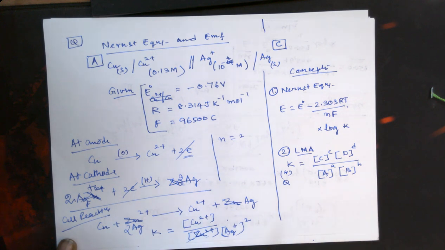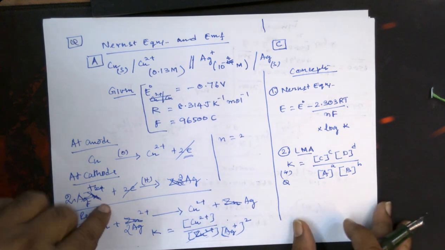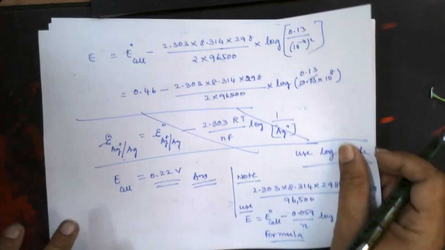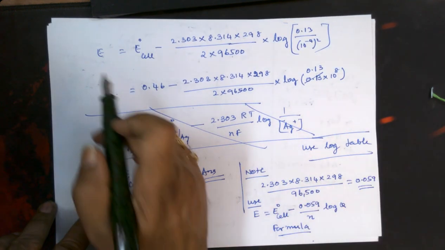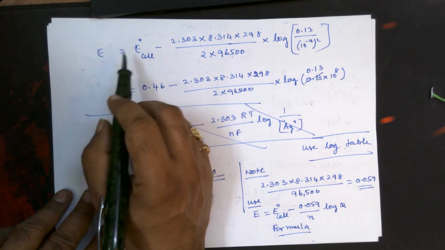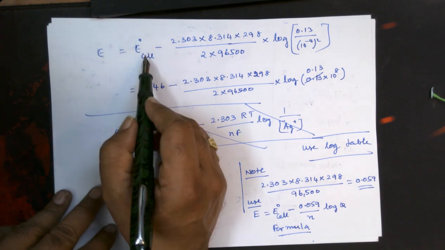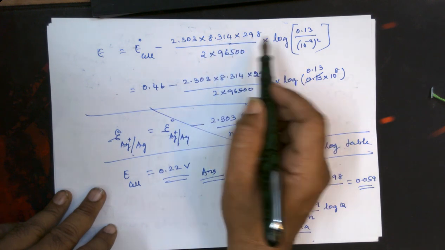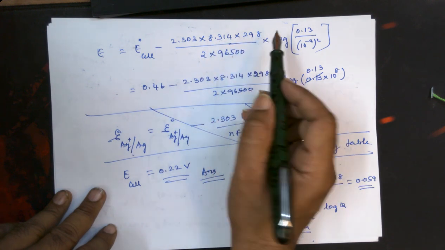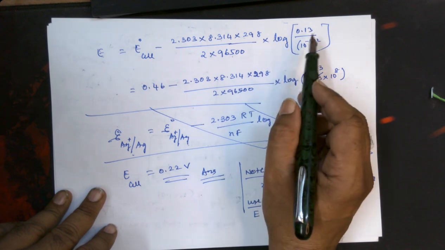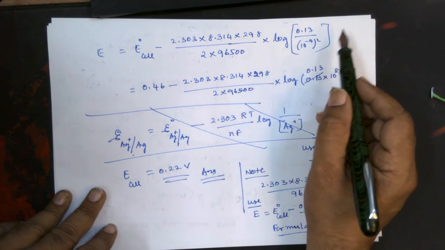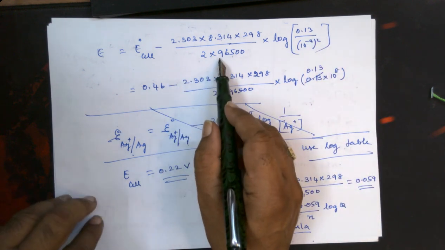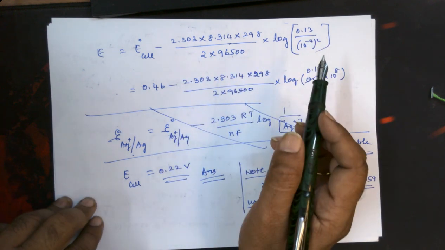Do you have any doubt here? Right. Now here E is equal to, we can apply the Nernst equation, E naught cell minus 2.303 into 8.314 into 298 into log of 0.13 divided by 10 power minus 4 whole squared, whole divided by 2 into 96,500.